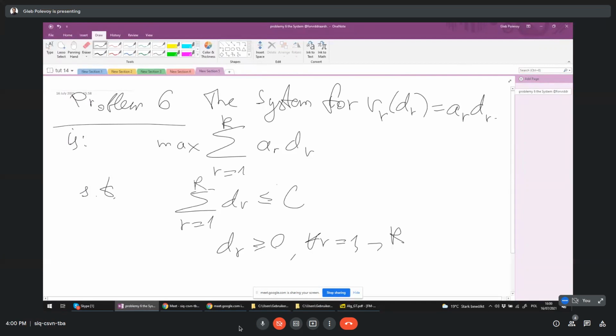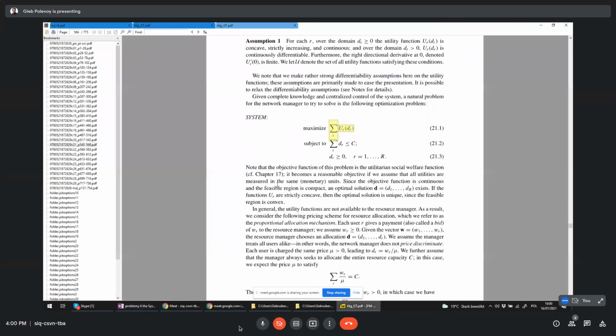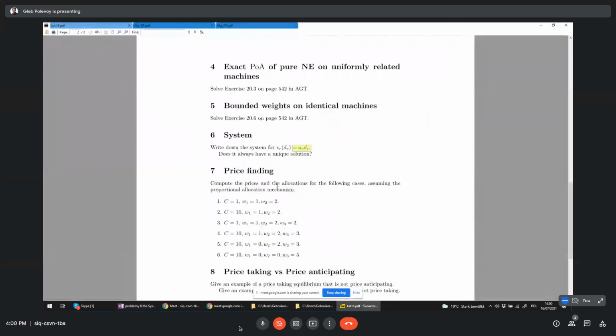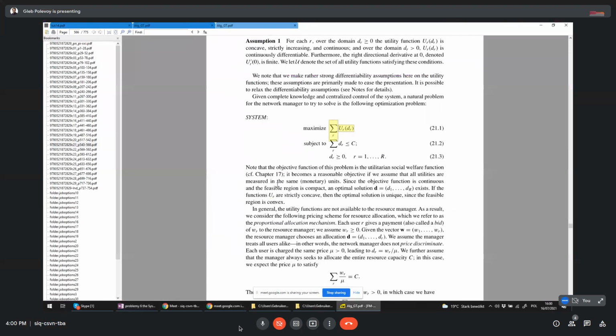Good. The next question is, does it always have a unique solution? I remind you that in the book, if the utility functions v are strictly concave, then the optimum solution is unique.